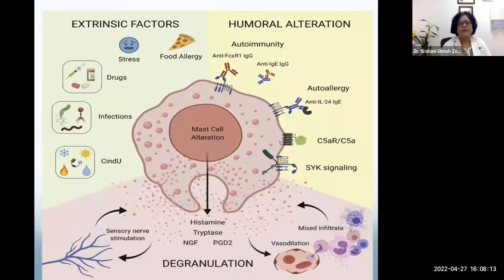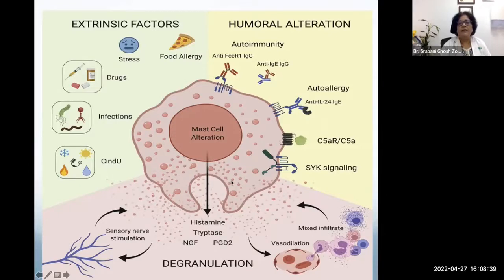So this is a schematic diagram. If you can see here, the extrinsic factors like food, stress, drugs, infection, physical causes can lead to mast cell degranulation. And humoral alterations like autoimmunity, autoallergy, complement activation, spleen tyrosine kinase signaling defect, they can all lead to mast cell degranulation.